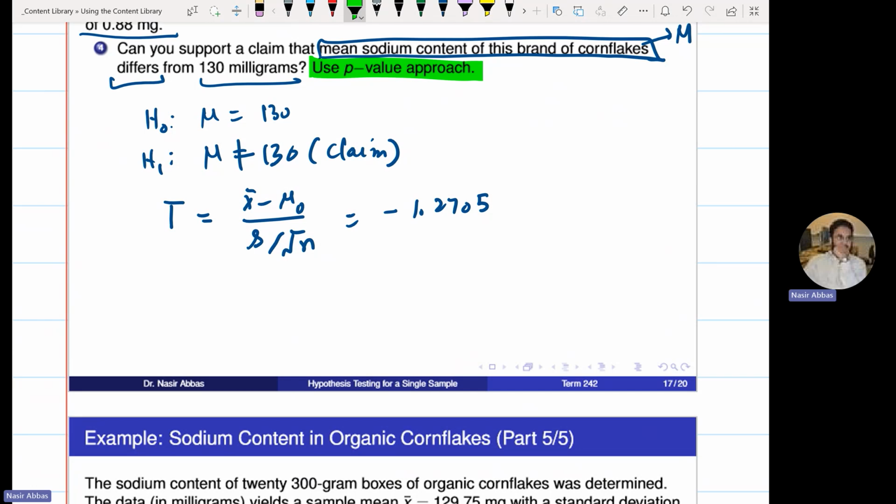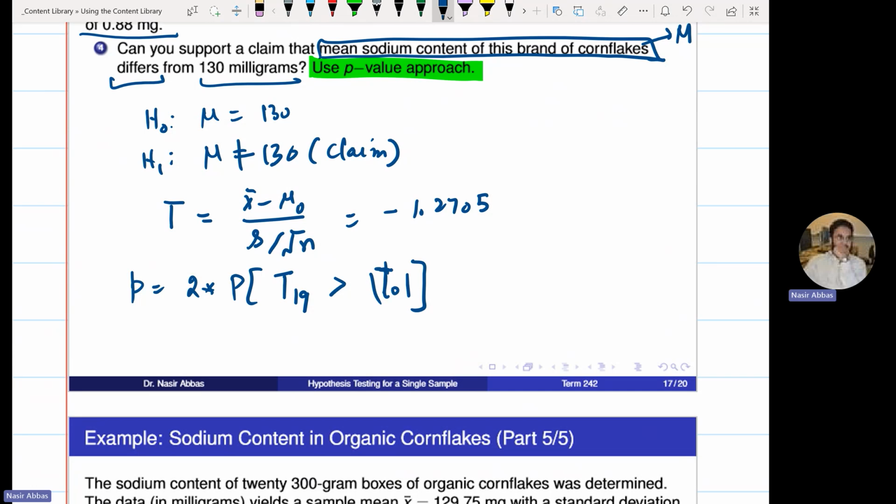What is the sign of H1? Less than, greater than, or not equal? So the p-value will be 2 times the probability that T19 is greater than absolute T0. The p-value is also two-sided. You will get the probability from one side and multiply it by 2. Why?